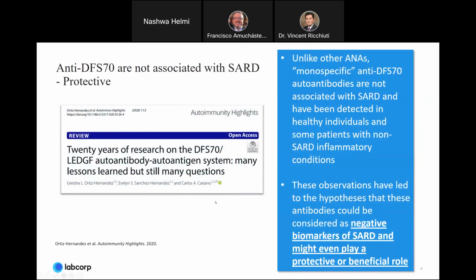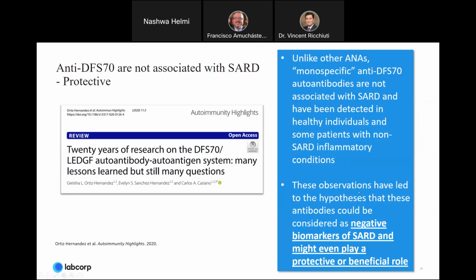This study from Ortiz-Hernandez, a very recent study from 2020, showed that anti-DFS70 antibodies are not associated with systemic autoimmune rheumatic disease and may have a protective effect. They conclude that, unlike other ANA, monospecific anti-DFS70 antibodies are not associated with systemic autoimmune rheumatic disease and have been detected in healthy patients and some patients with non-systemic autoimmune or inflammatory conditions.